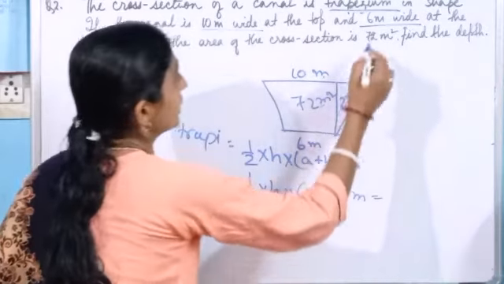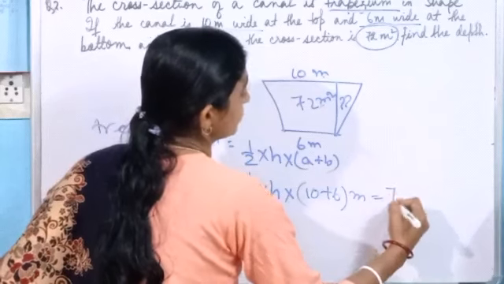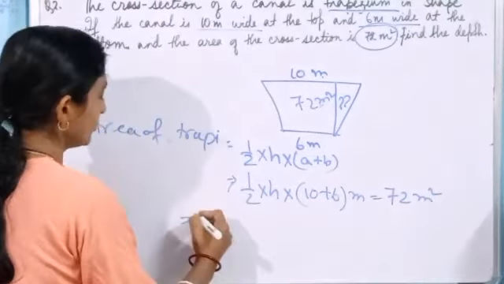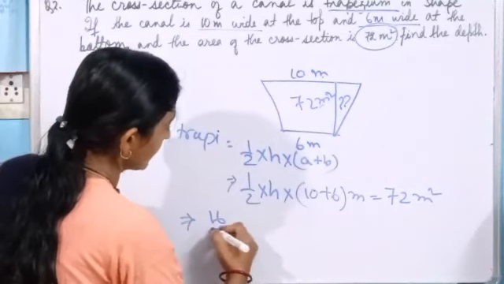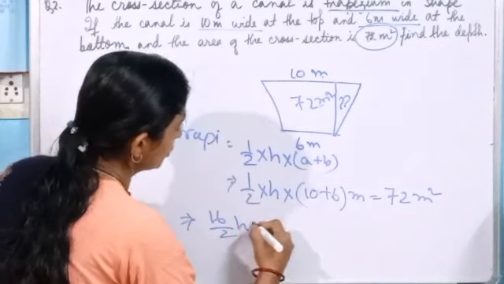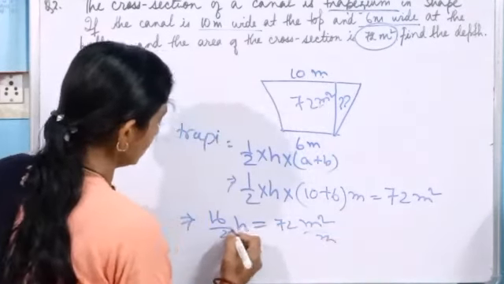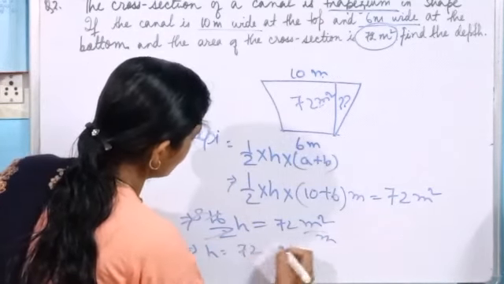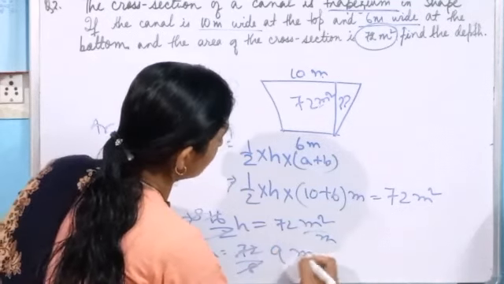And area has been given, which is equal to 72 meter square. So let's solve. Here it is 16 by 2 h equal to 72 meter square by meter, so you can write it is 8. So h equal to 72 by 8, that means it is 9 meter.